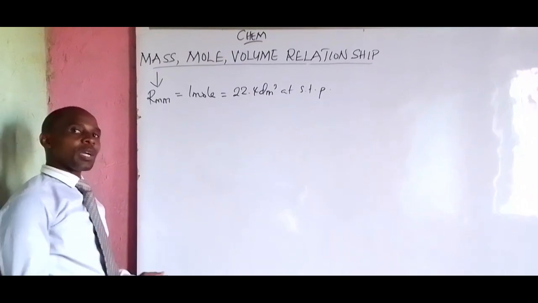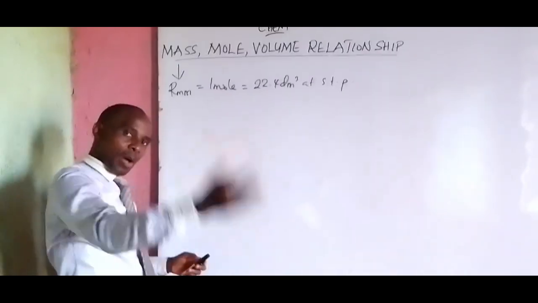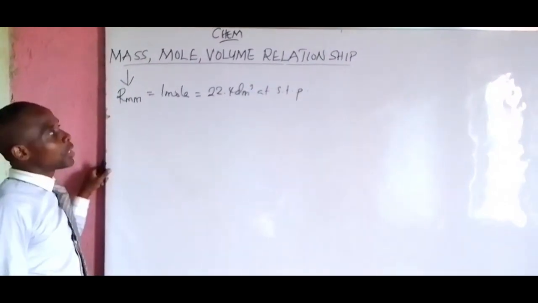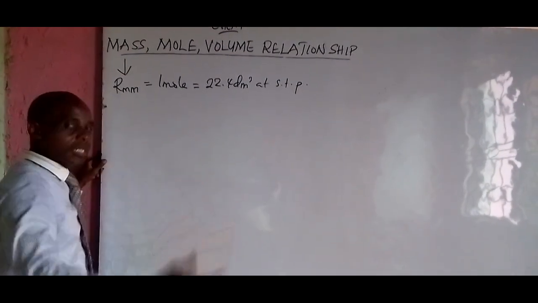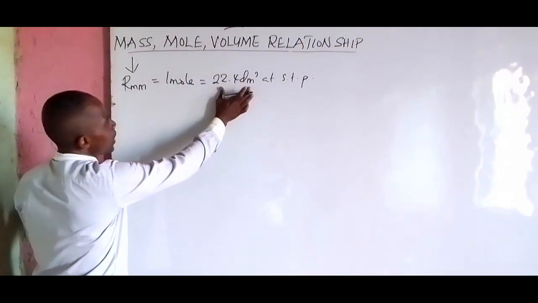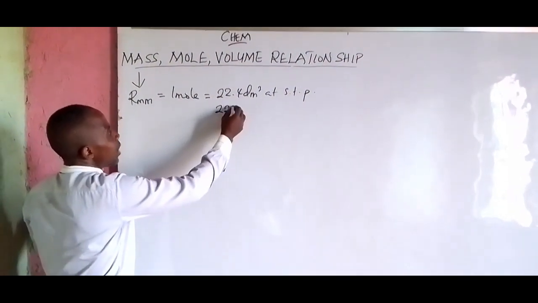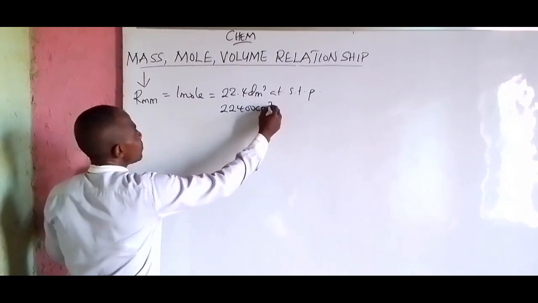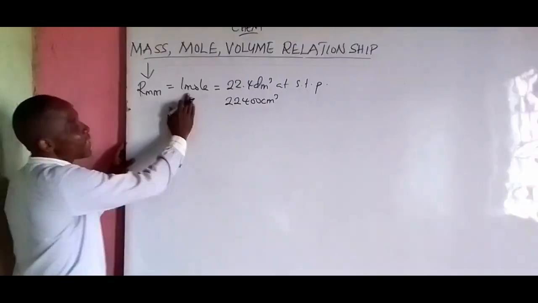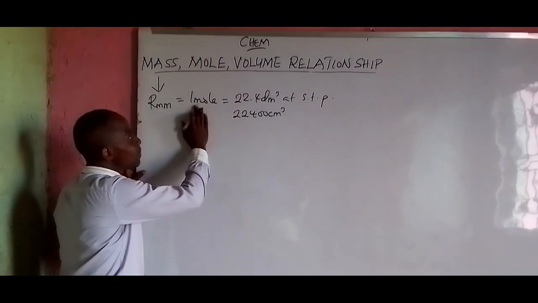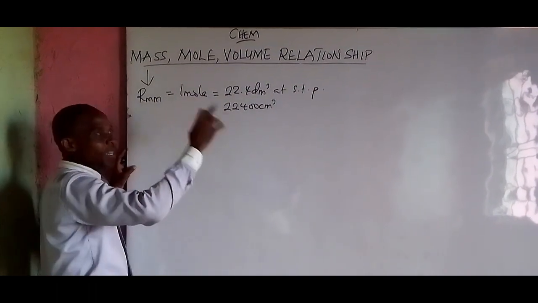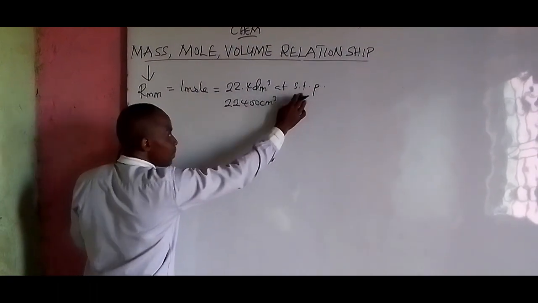I know we have talked about relative molecular mass. If you've not learned it with us, you can check our previous videos, or you can request that we do it again. So 22.4 dm³ or 22,400 cm³, either of these two. So 1 mole of any gas at S.T.P. occupies 22.4 dm³ by volume at standard temperature and pressure.